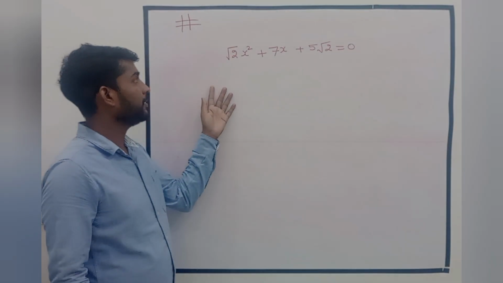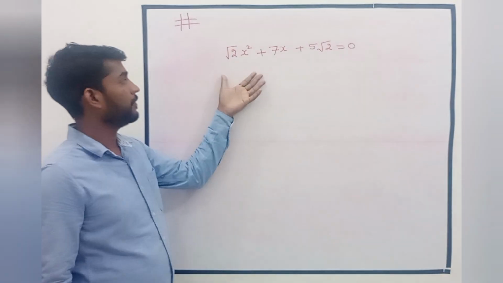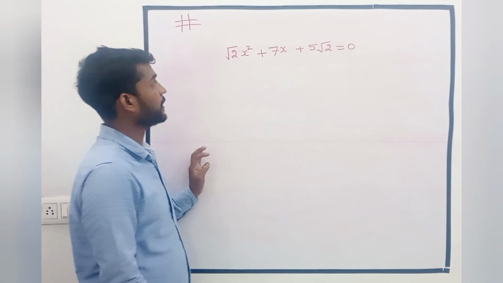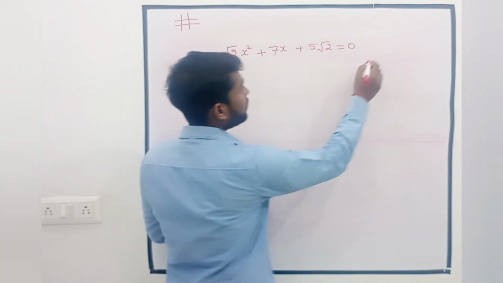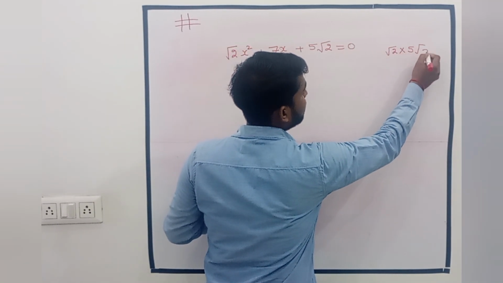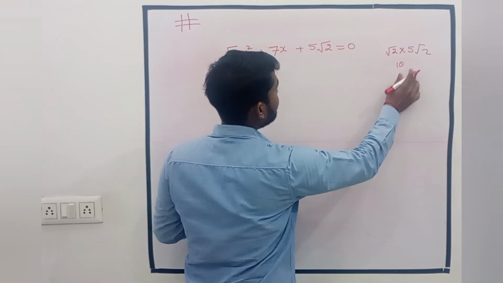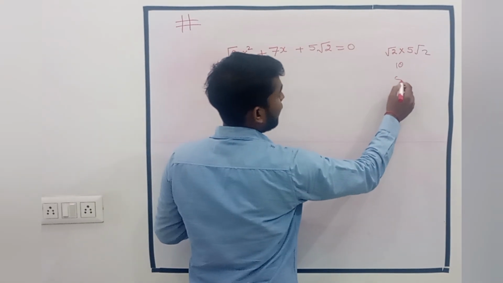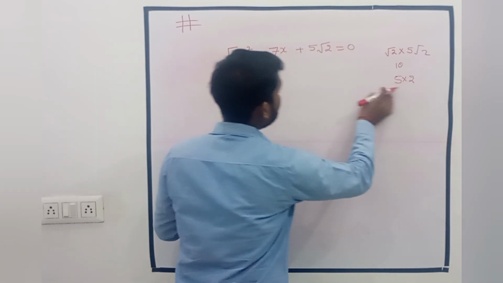For the new quadratic equation, we will again use the factorization method and calculate the roots of this equation. Root 2 and 5 root 2 multiplication gives 10. We find the factors of 10 whose sum is this, and we can write 5 into 2, and the sum of these two is 7.